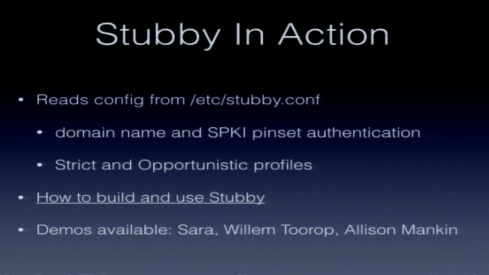You can specify the authentication information you might want to use. You can specify which of those 2 profiles you want to use, strict or opportunistic. This is all configurable. There's a web page on how to build Stubby, configure it, and use it. And if anybody's interested in actually getting hands-on with this, then come and find me, or Willem Toorop or Allison Mankin, who are busy hacking at the moment in the hackathon, but any of us would be happy to give you a tour of this.